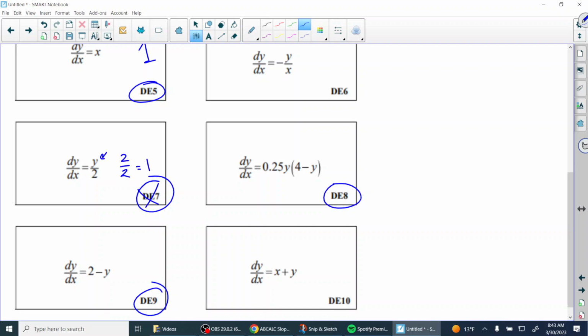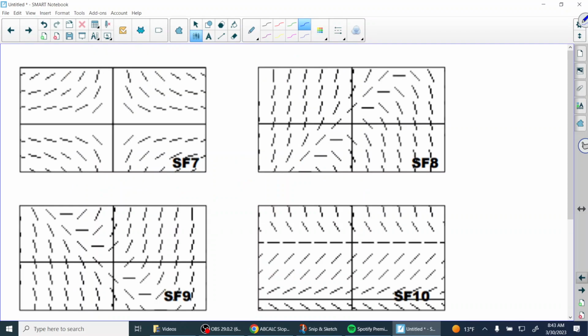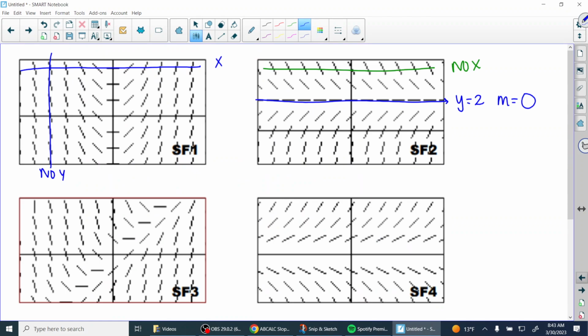So it's not this one, because we're looking for 0. Let's do this one first. If you plug in 2 here, are you going to get 0? No, so it's not this one. If you plug in 2 here, do you get 0? Yeah, so it's this one. So then this one is 9. What do we say? This one is 5. This one is 9.